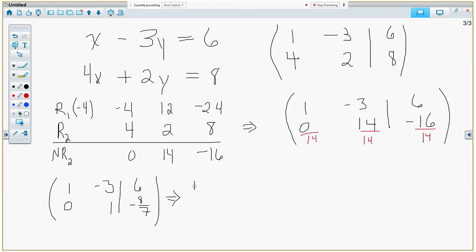So, row 2 multiplied by 3. Add it to row 1. And that'll give me new row 1. So row 2 is 0 times 3 is 0. 3 times 1 is 3. 3 times 8/7 is -24/7.